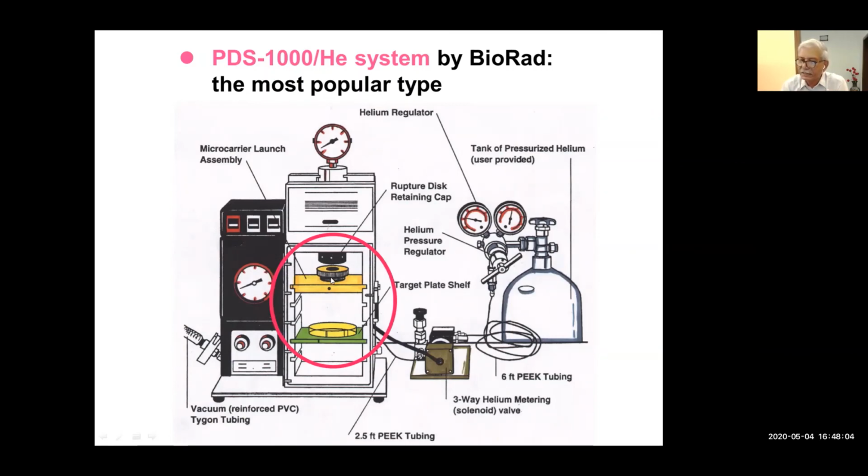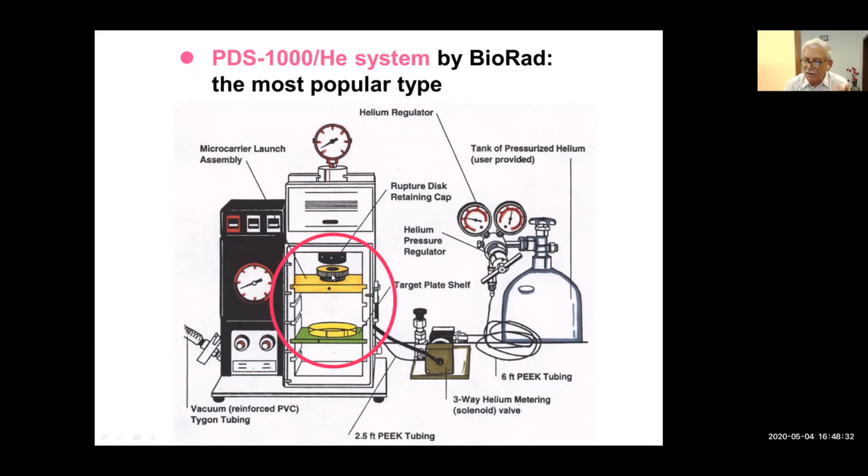Okay? Below this macro carrier is an iron screen, the same iron screen that we use in our doors. There's a small circle cut out of it, and the macro carrier strikes that iron screen, releasing the gold or tungsten particles adhering to the macro carrier.